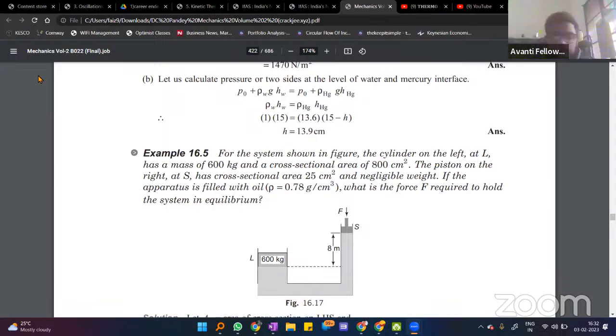Akshay said previously that totally it is about the change in pressure with the height, right? So you can use that concept here as well. Use it.